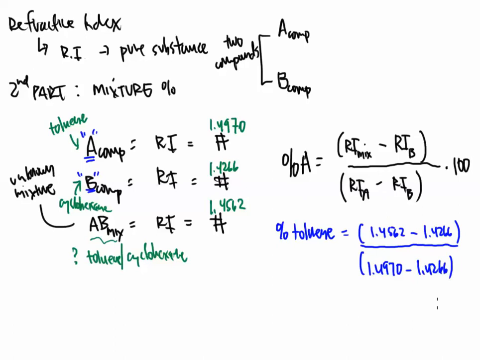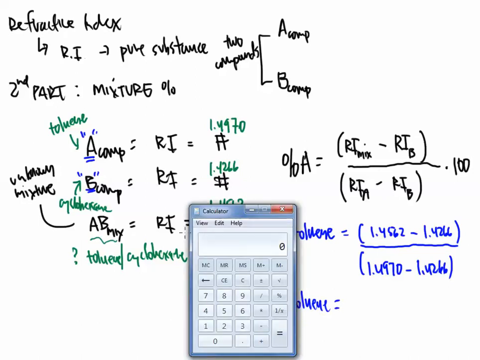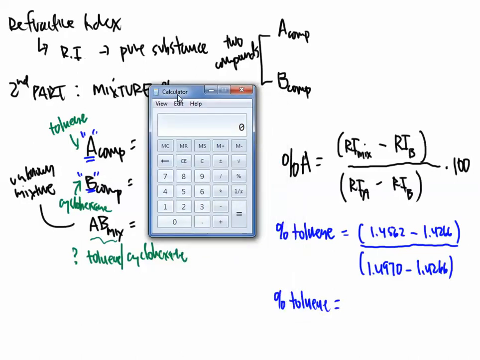1.4266. All right, so I come down to the side and I just clean up this calculation a little bit, and I'll bring the calculator up so you can see it in real time. 1.4562 minus 1.4266 gives me 0.0296.